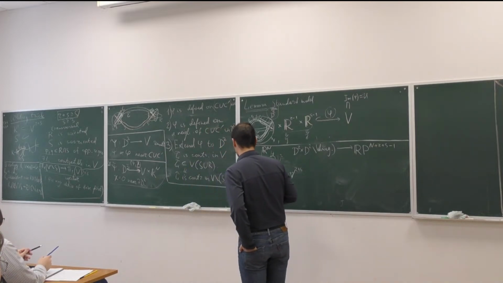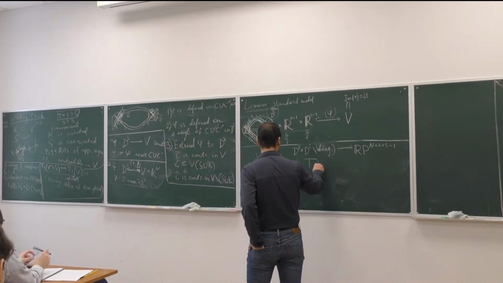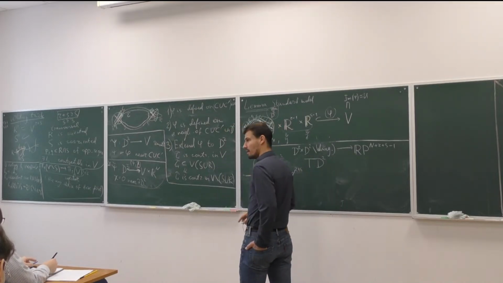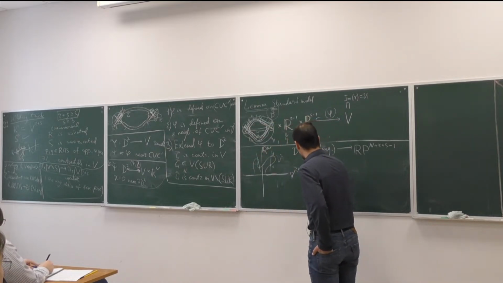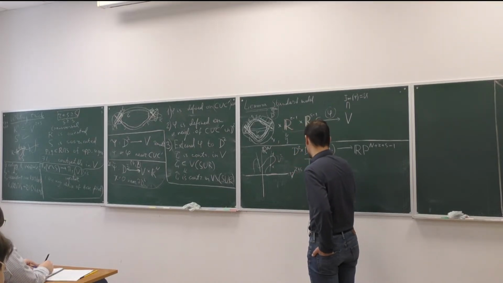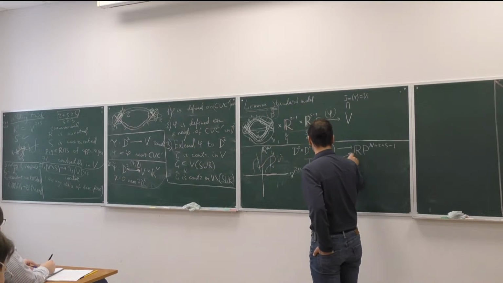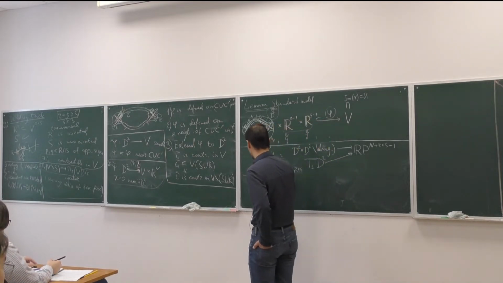What does this mean? This means that I have a tangent bundle to the disk, and actually I would like to have the unit tangent bundle to the disk, and it also goes to any point in any direction.